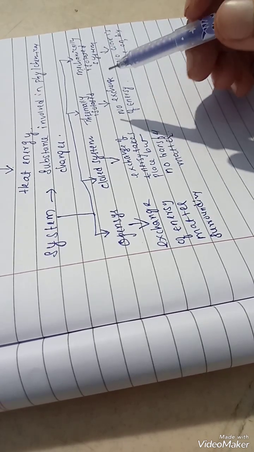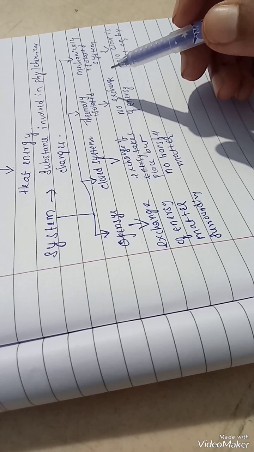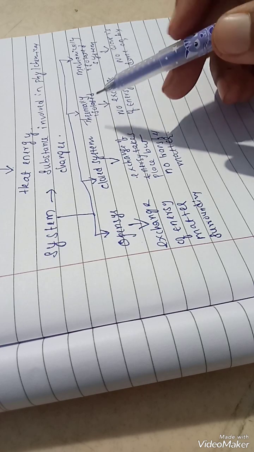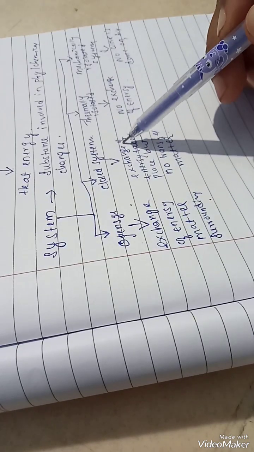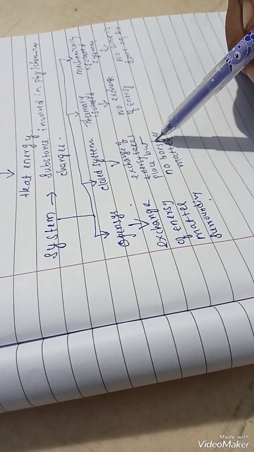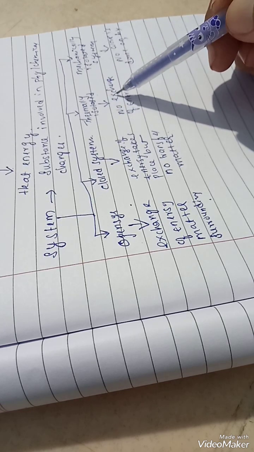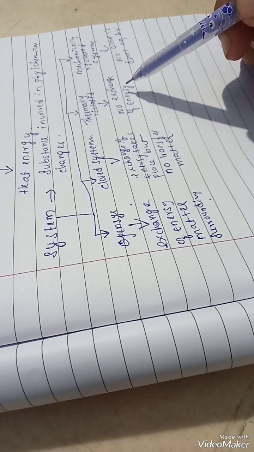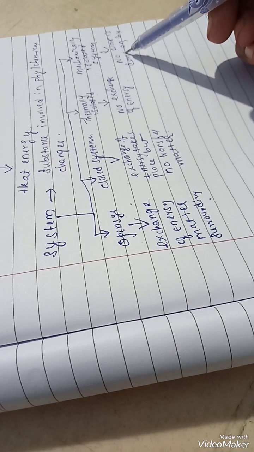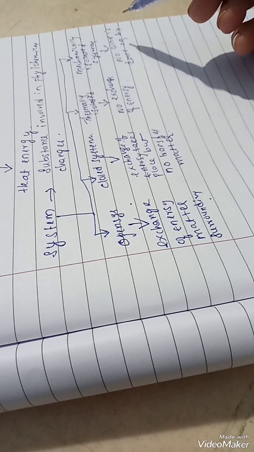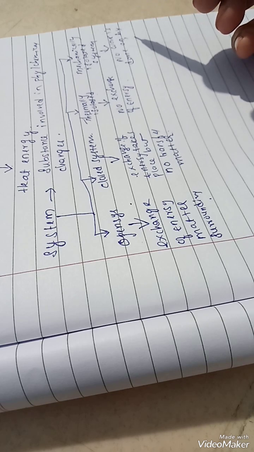So overall, a system means a particular substance which is involving in physical and chemical changes. Open system means exchange of energy and matter with surroundings. Closed means exchange of only energy without matter. Thermally isolated system means there will be no exchange of energy. Mechanically isolated system means there will be no work done on the system or by the system, right?